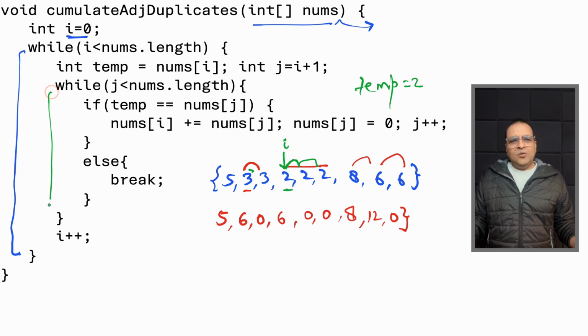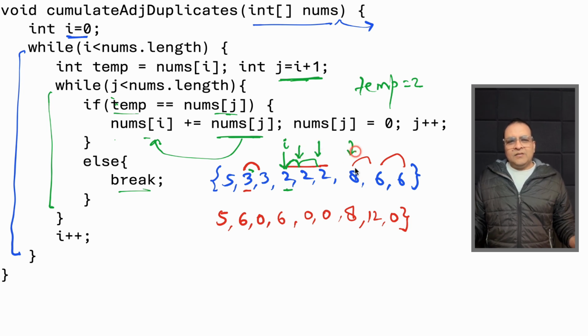So this inner while loop will start from I plus 1 and keep iterating as long as the value at j is equal to 2. If temp is equal to the element at j, then we add the element at j to the element at I. And if they are not equal, then we break from this while loop. So j comes here, then here, and then here. Now because 8 is not equal to 2, we break from this loop.